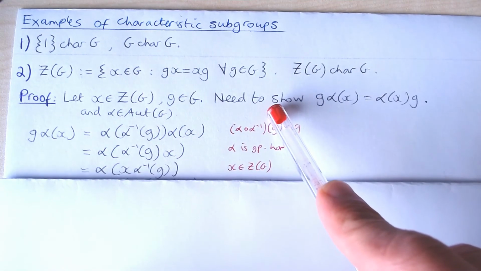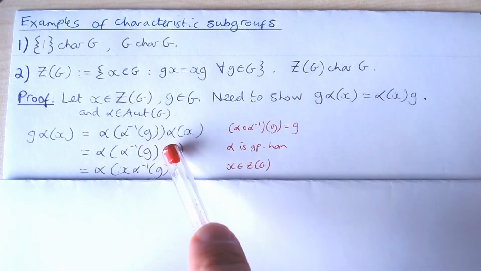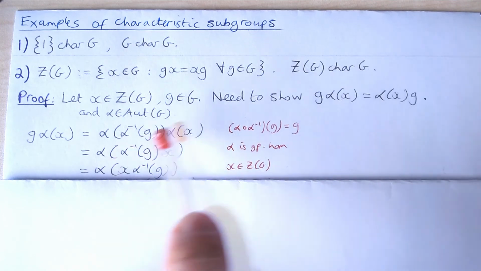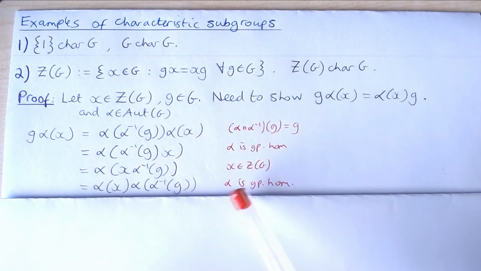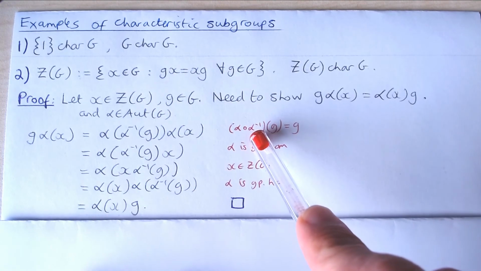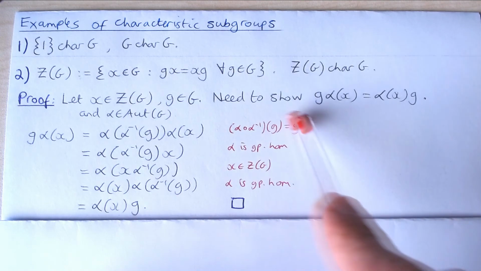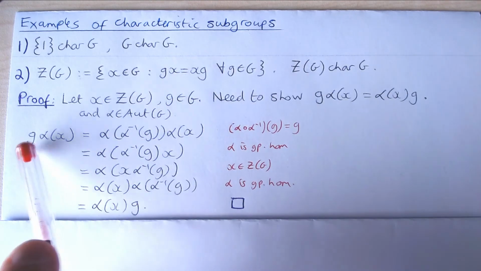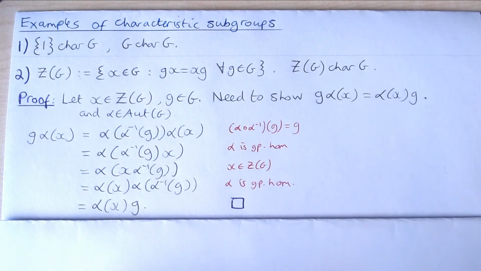Now we note that x is in the centre of G, so we can change the order of these two group elements. And now once again we note that alpha is a group homomorphism. And then once again we note that this result holds, so we get that g alpha of x equals alpha of x g, and we've shown that the centre is characteristic in G.